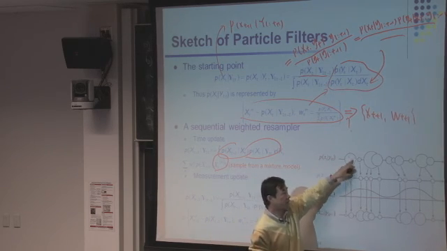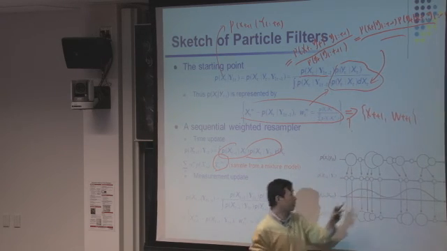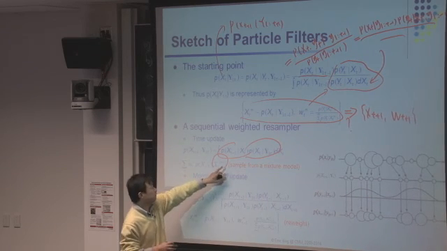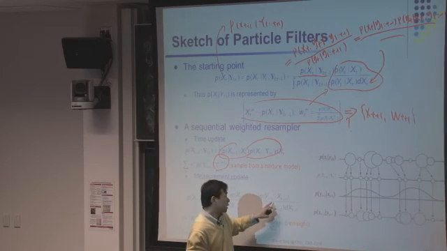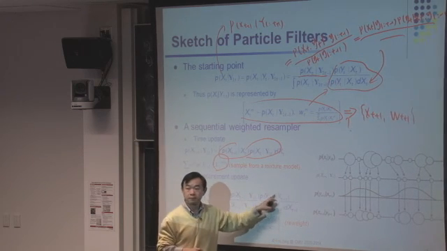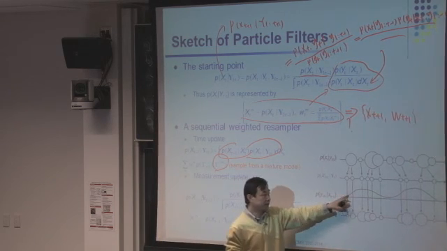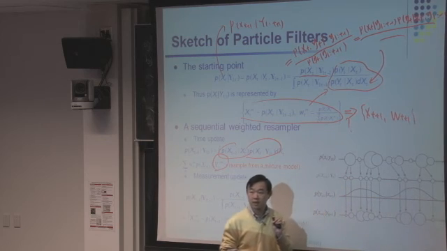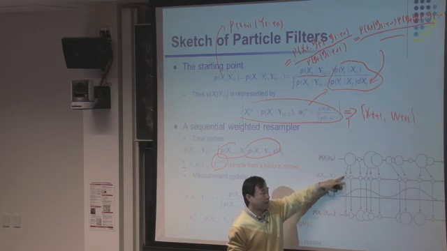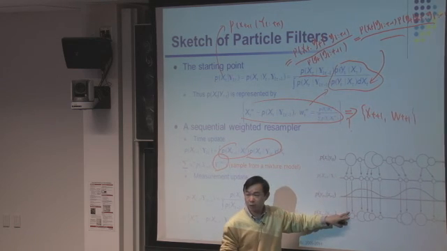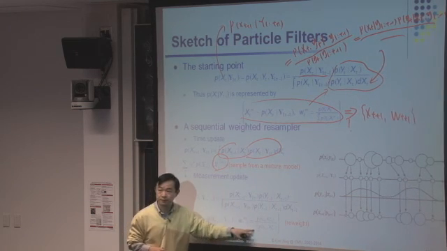You generate a bunch of unweighted samples, and then compute a new set of weights based on this R function. When you combine the new samples with the new weights, you get a newly weighted set of samples, which represents the new distribution in here.